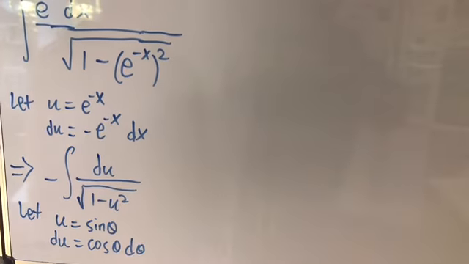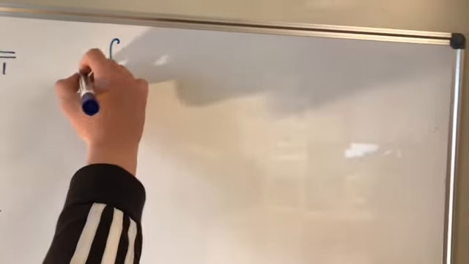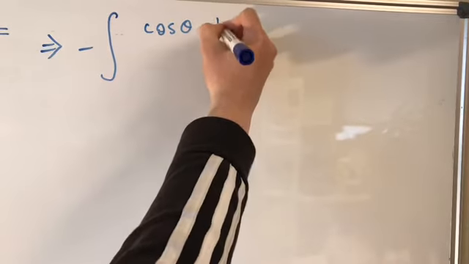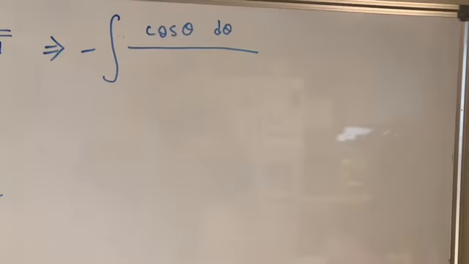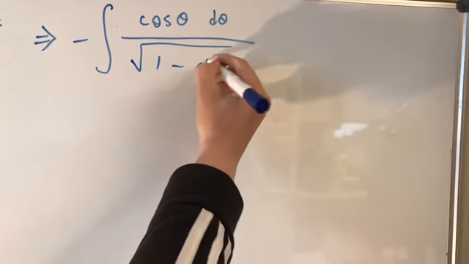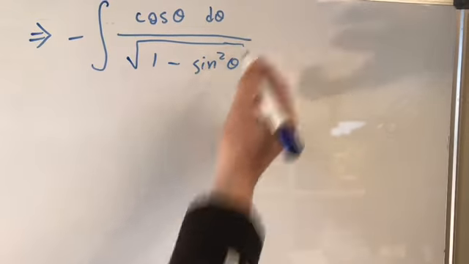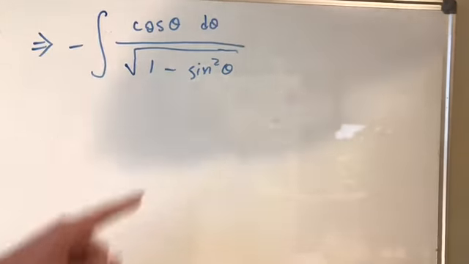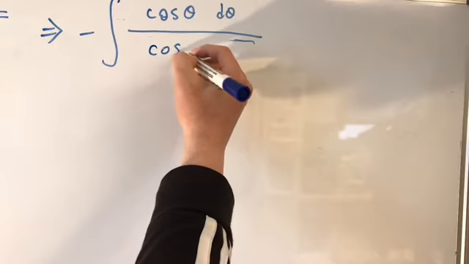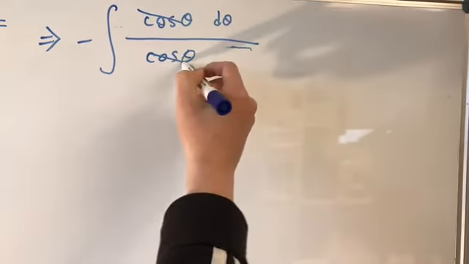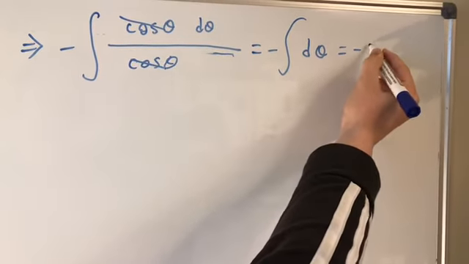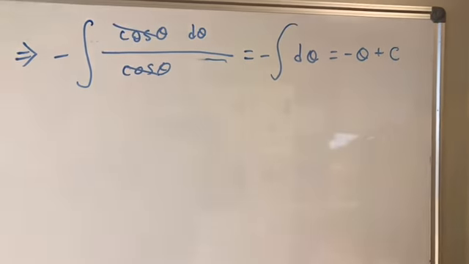Okay, so after the substitution, the integral becomes, and well, the square root becomes 1 minus sine squared theta. And well, this is just cosine squared theta, and after the square root, it turns into cosine theta. And these two conveniently cancel out, which gives us negative theta plus c.